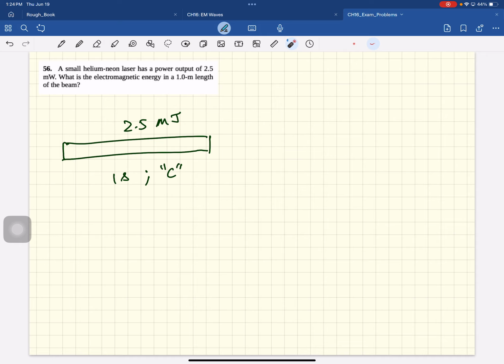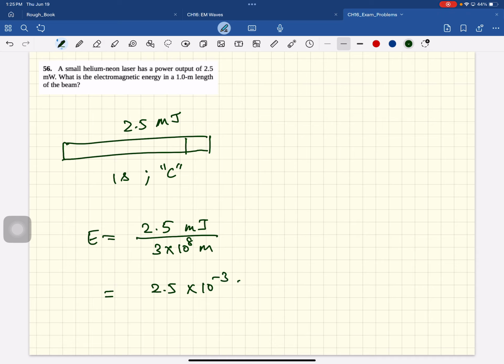All right. Now you want to find the energy in 1 meter of this. So there's c meters, so the energy content in 1 meter is 2.5 millijoules divided by 3 times 10 to the 8 meters. That was the length. So 2.5 times 10 to the minus 3 joules divided by 3 times 10 to the 8 meters.